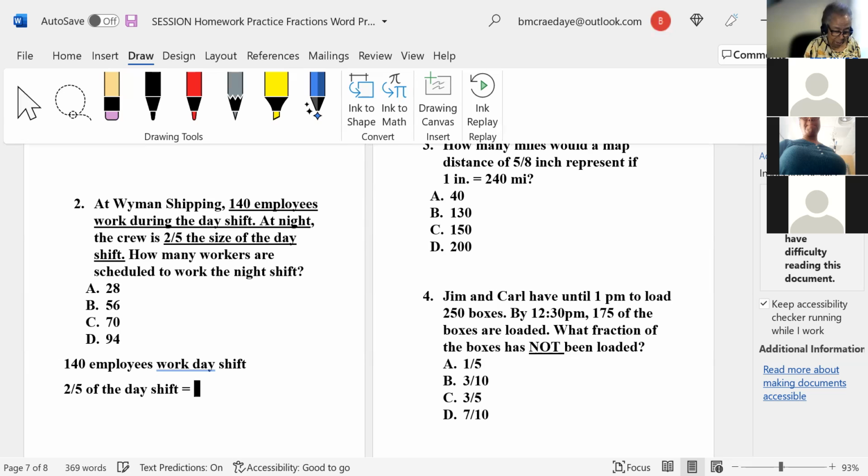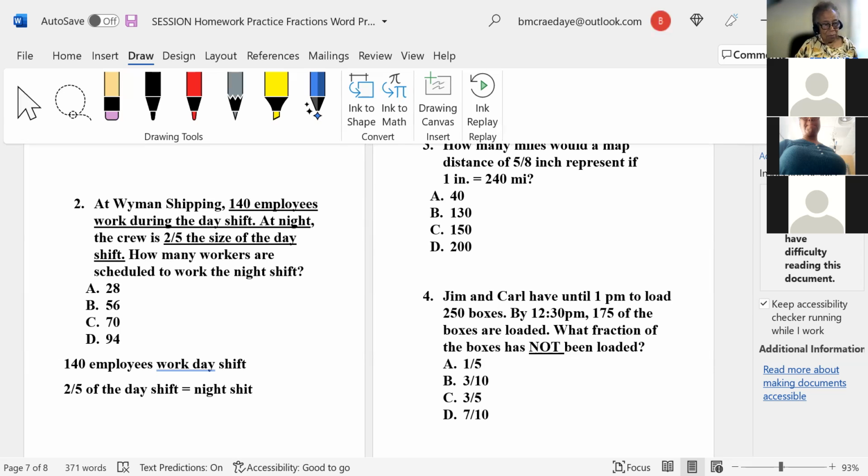Yes, that's what they're telling you. So they want to know how many workers are scheduled to work the night shift.